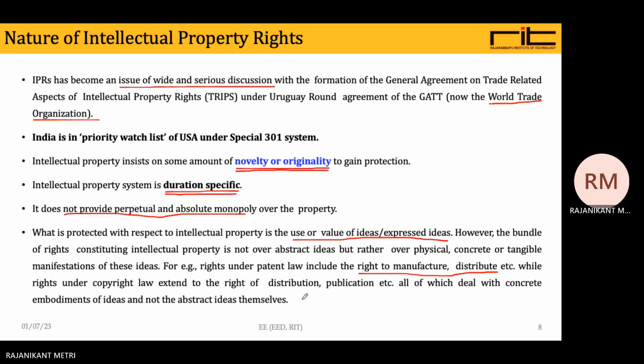It means these ideas are not just abstract ideas. They should be related to something physical, or to some theoretical or specific point. And then under patent law, one has the right to manufacture or distribute.